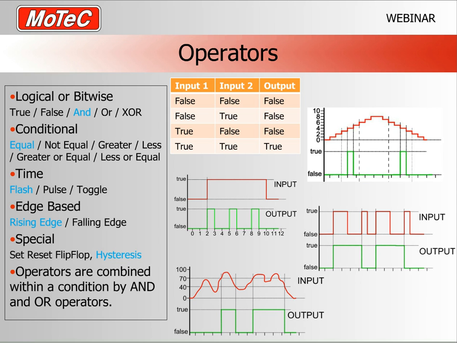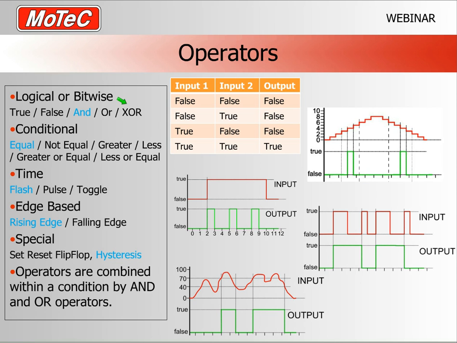What that means is we can have, for example, two switches, and only if both of those switches are on will the output be on, and that is the bottom condition where we have true, true, and true. So we can have multiple logical operators. We can use true, false, and, which is the one we're looking at, or exclusive OR, and that exclusive OR is another function that would allow us to do the same brake light with indicator function that I've described before.